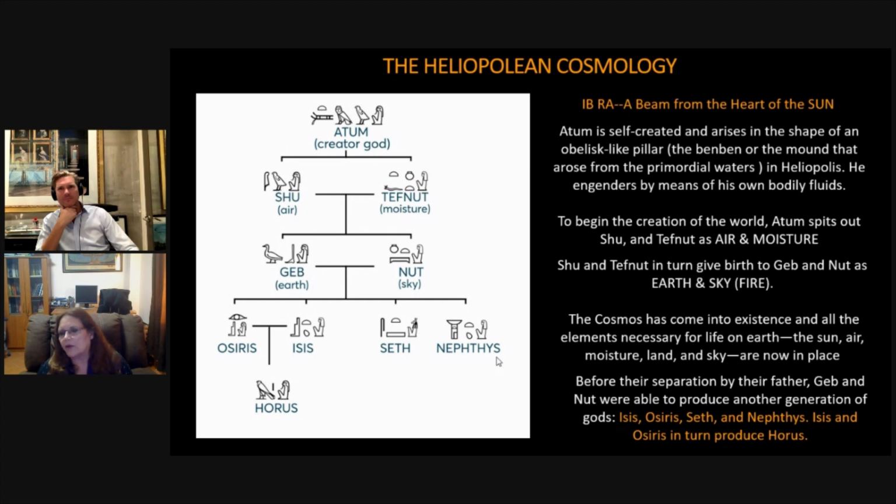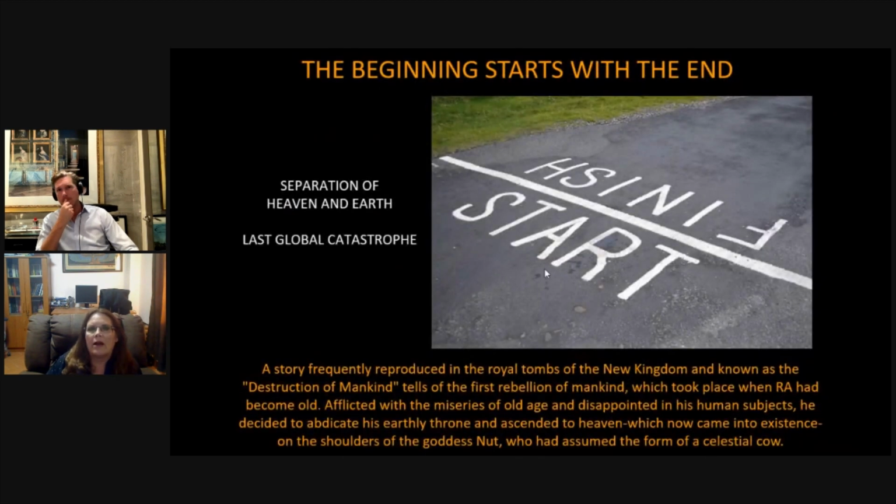The cosmos has come into existence, and all the elements necessary for life on earth, sun, air, moisture, land, and sky, are now in place. Before their separation by their father, Geb and Nut were able to produce the generation of Isis, Osiris, Set, Nephthys, and Isis and Osiris in turn produce Horus. So again, this is just showing you how this all comes to be.